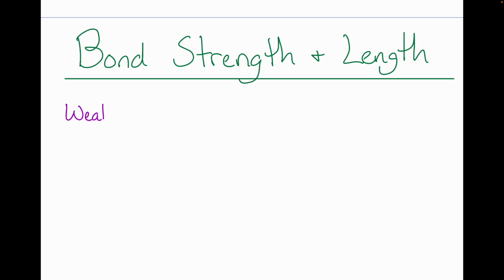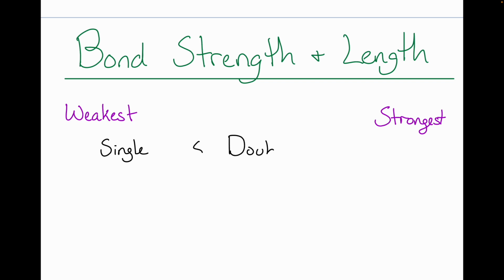We want to rank a bond from weakest to strongest. If I'm talking about single, double, or triple bonds, which one's going to be the weakest? Single. And then followed by double. And our very strongest are those triple bonds. All right, that's our bond strength.